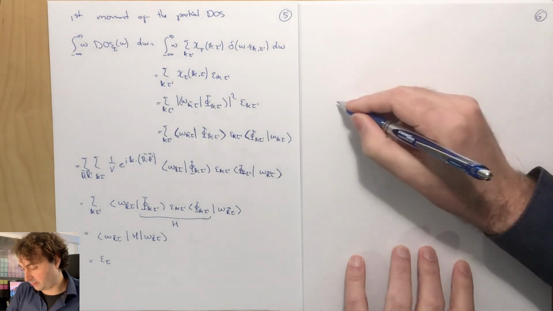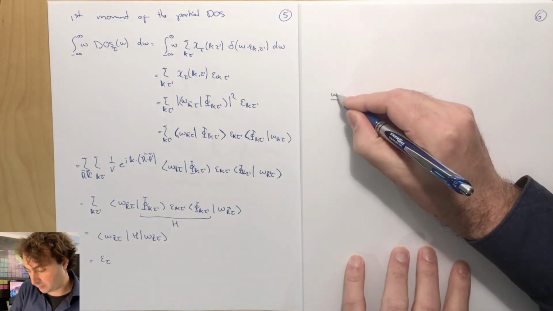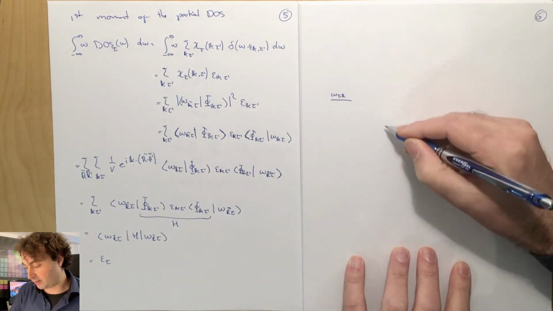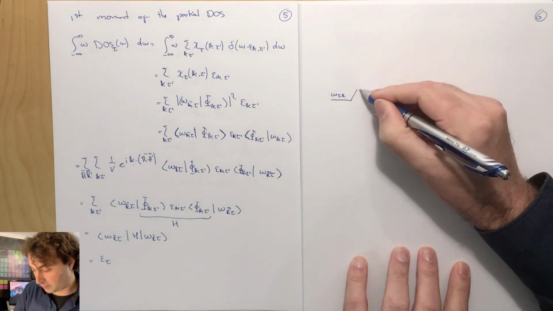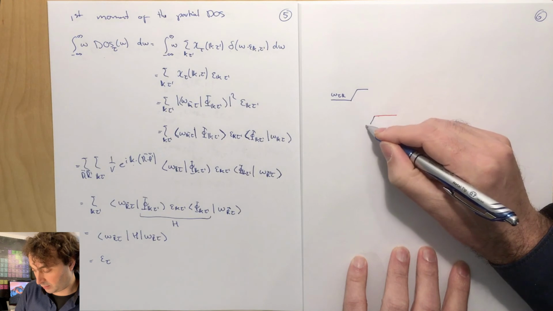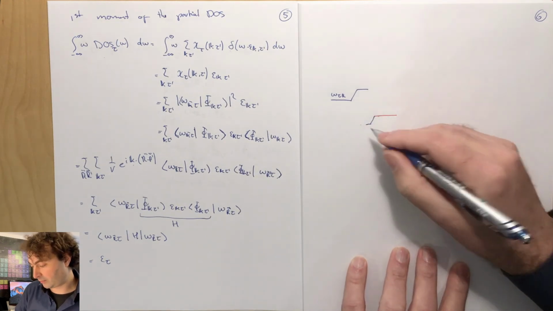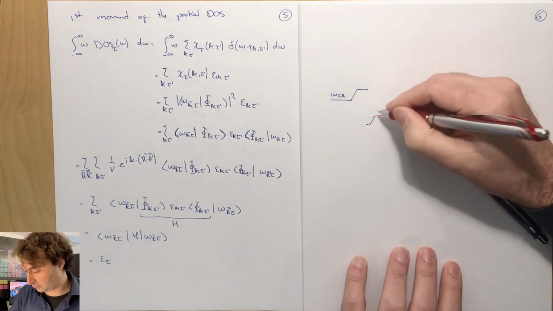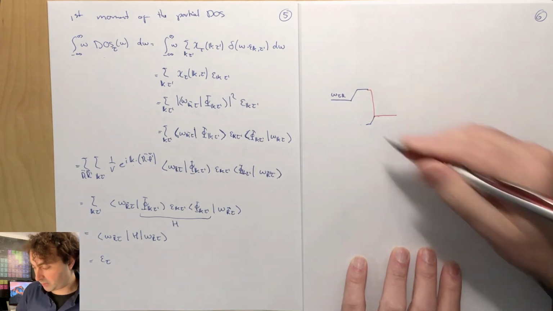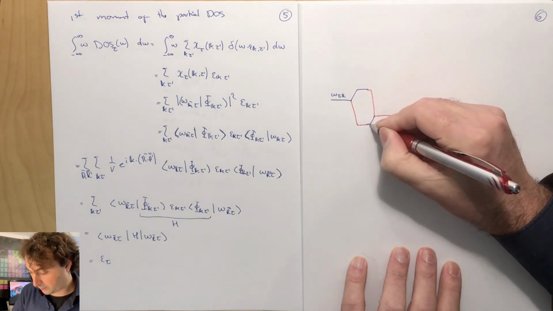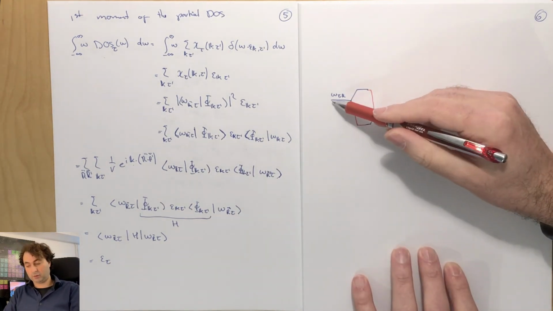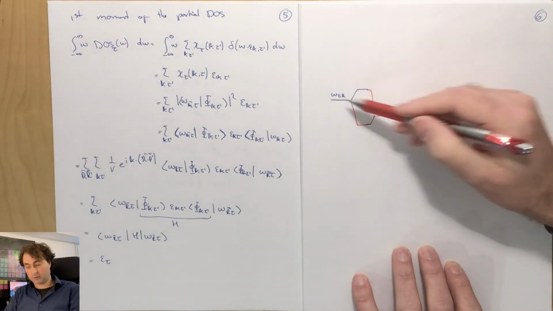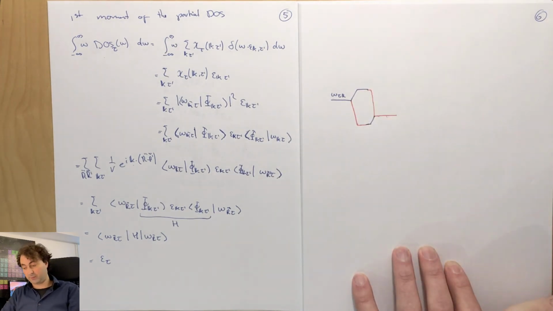So if you start with a certain orbital, have it interact with other states, then the energy will go up and the energy will go down, and you get some admixture of your two states in such a way that the first moment is exactly equal to the on-site energy where you start for both of these states.